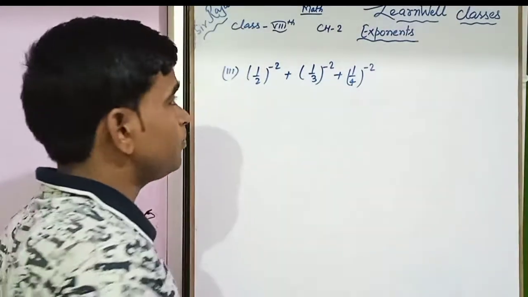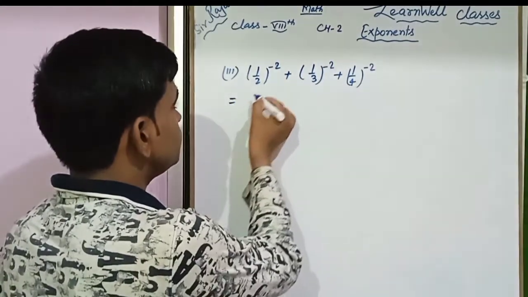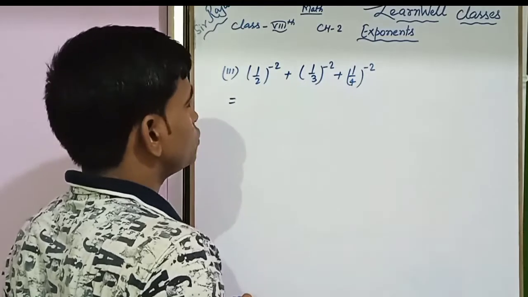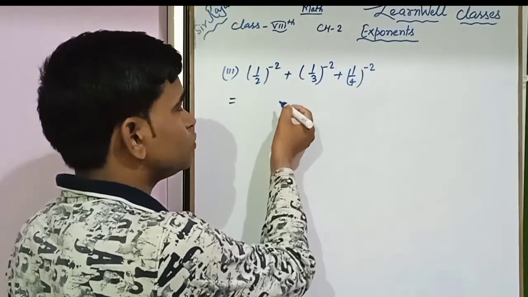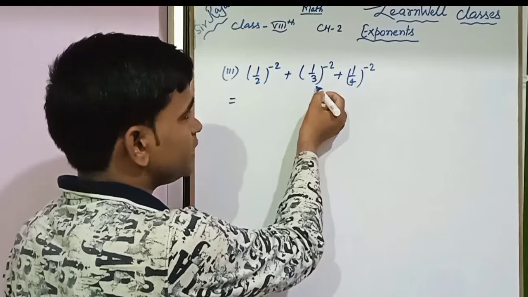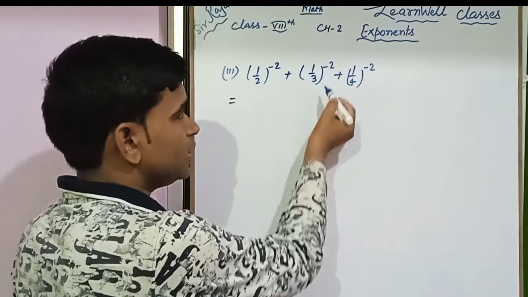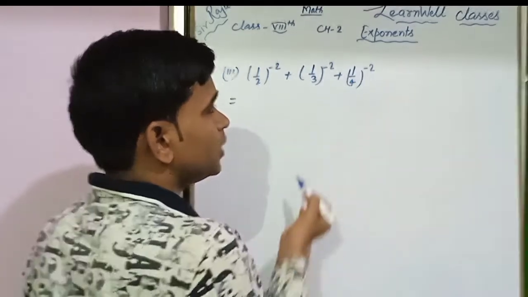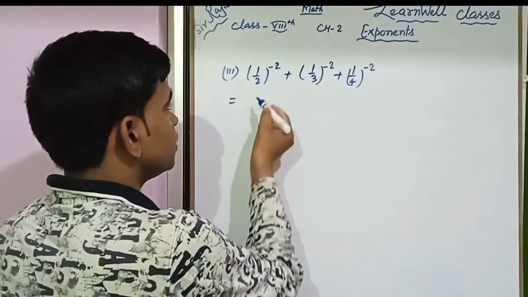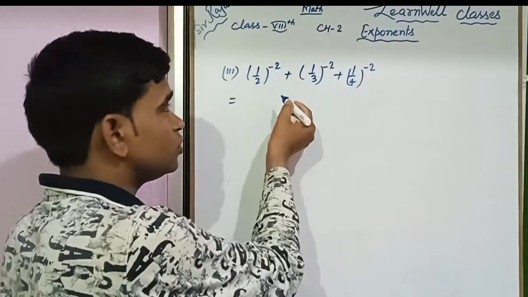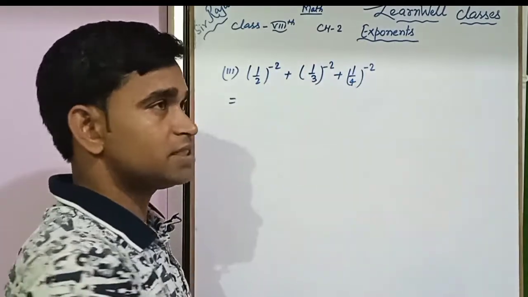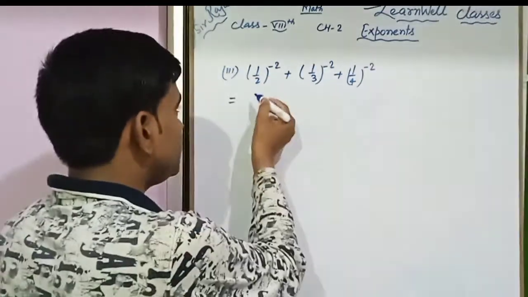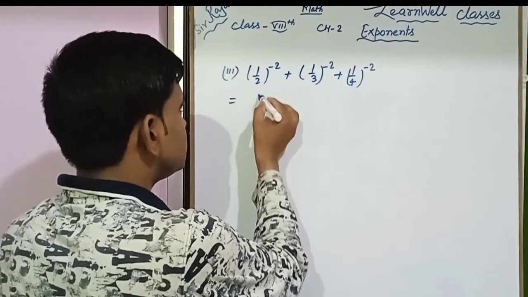Next, question number 3 is equal to 1 upon 2 raised to the power minus 2 plus 1 upon 3 raised to the power minus 2 plus 1 upon 4 raised to the power minus 2. We already know that when the exponent is in negative form, it will be changed into reciprocal form.